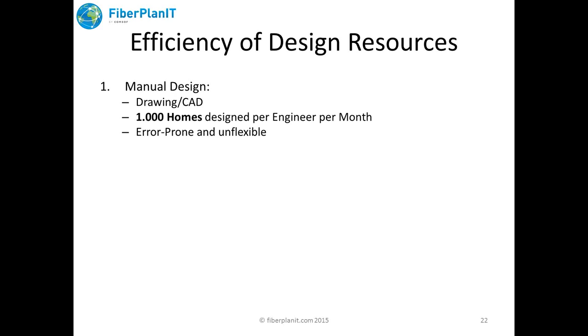And of course, this is error prone. They may have missed a couple of fibers in a street, and it is also very inflexible. If it turns out your input missed a building, it's not so easy to adjust that again.